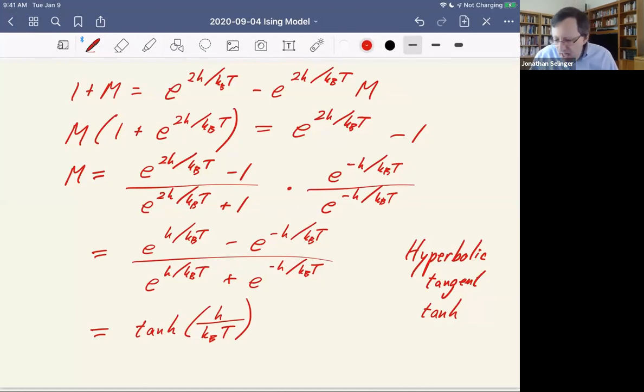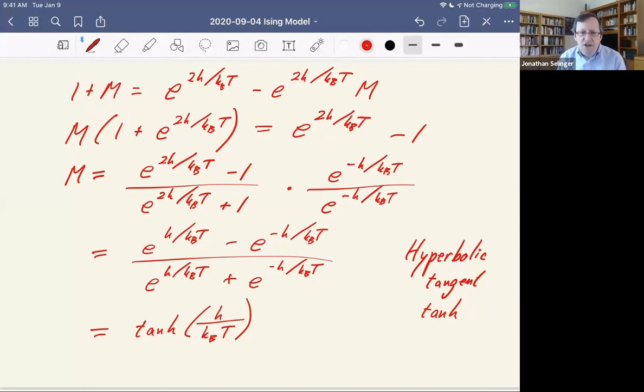And it's an answer which we could have gotten from a much easier method. Some of you might have seen an easier method in previous classes for calculating this as an expectation value of the magnetization. Question. But I like this method.